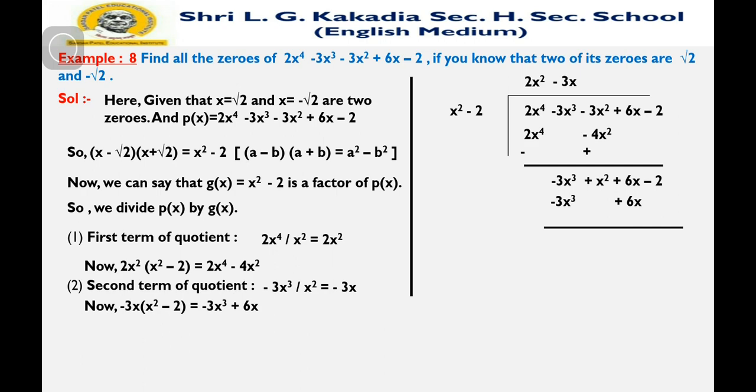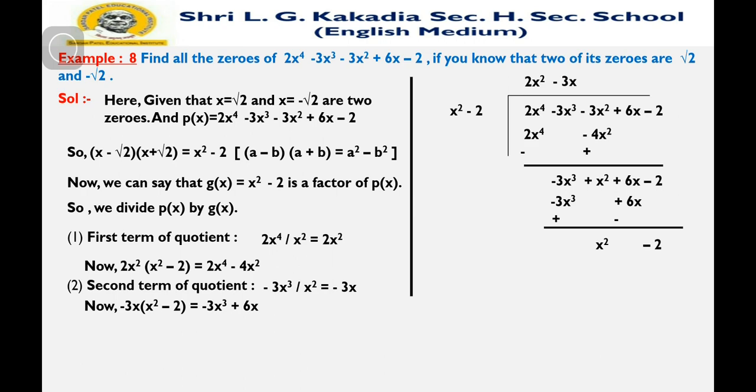Now let me change the sign: minus, then plus, plus, then minus. Now we subtract this from the dividend, so minus 3x cube plus 3x cube will be 0, plus x square as it is, 6x minus 6x will be 0, and at last the remaining part is minus 2.